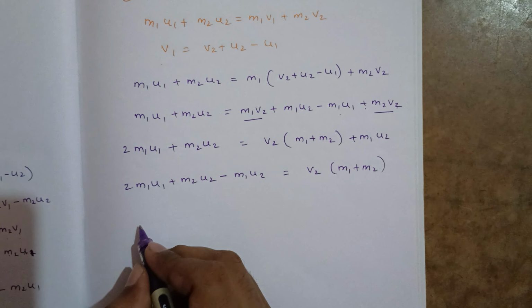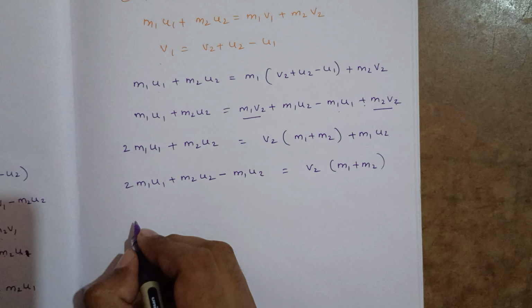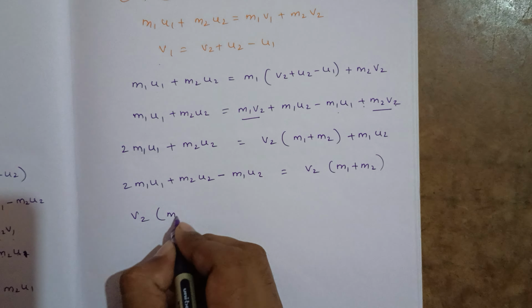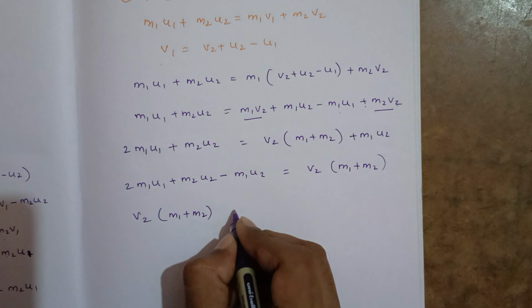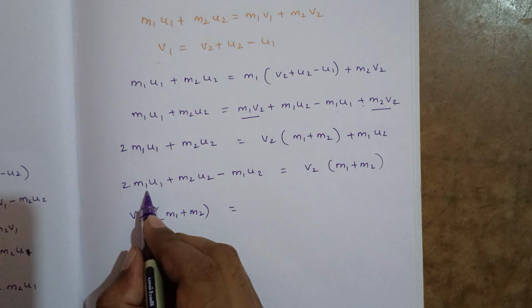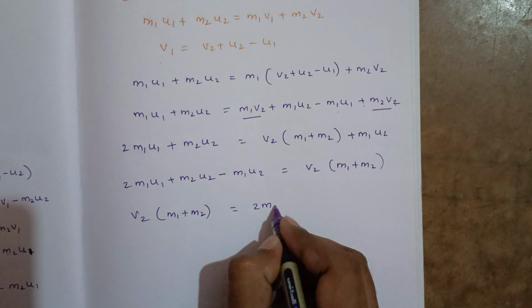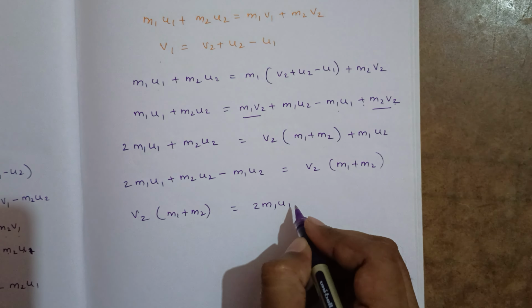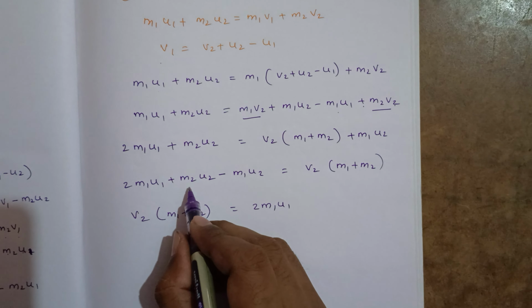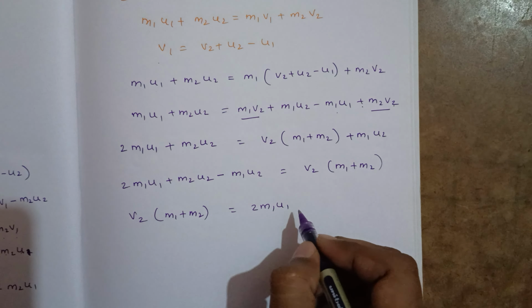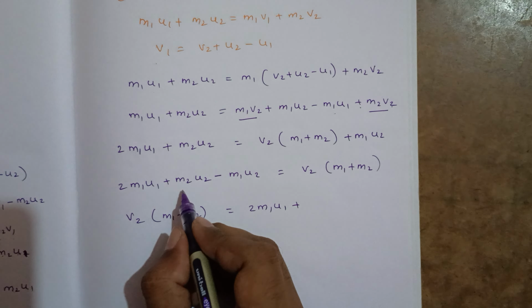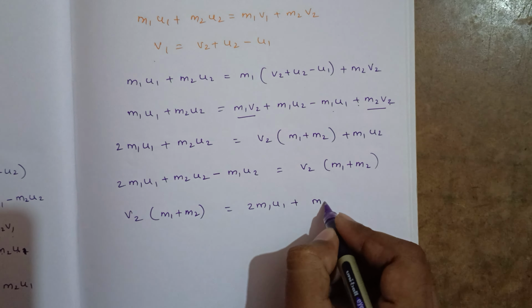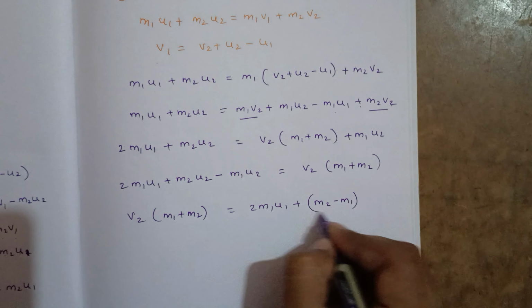So this I am writing as LHS, this as RHS. v2 into m1 plus m2 equal to 2m1 u1 plus m2 u2 minus m1 u2; I am taking u2 common, so m2 minus m1 into u2.